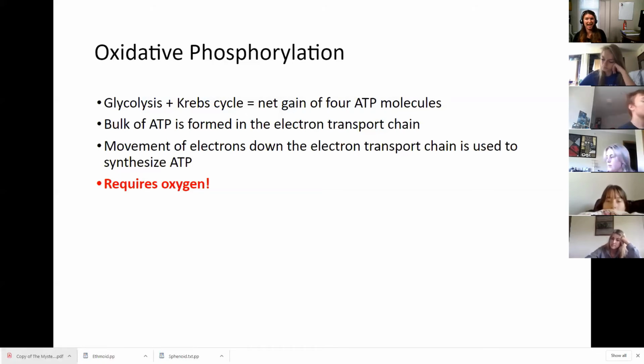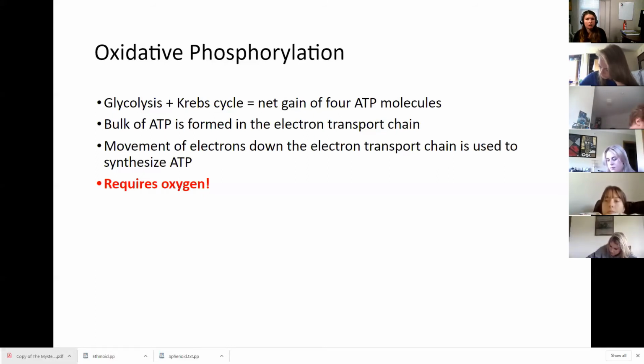Oxygen actually has not been an input of any of our steps up until here. The only place you need oxygen is during oxidative phosphorylation. Because all that ATP is made by oxidative phosphorylation, that oxygen is really important.